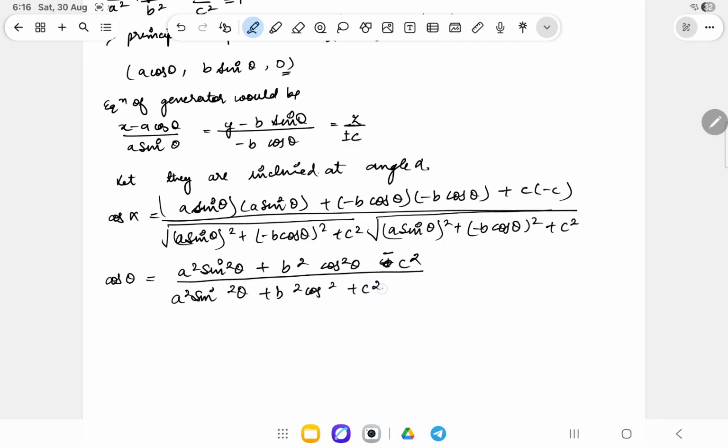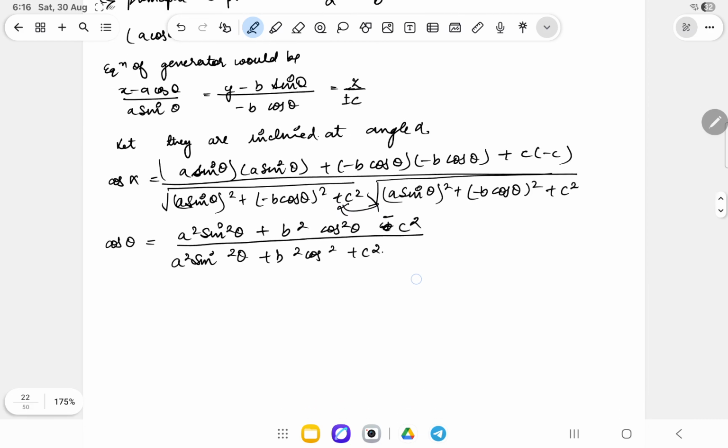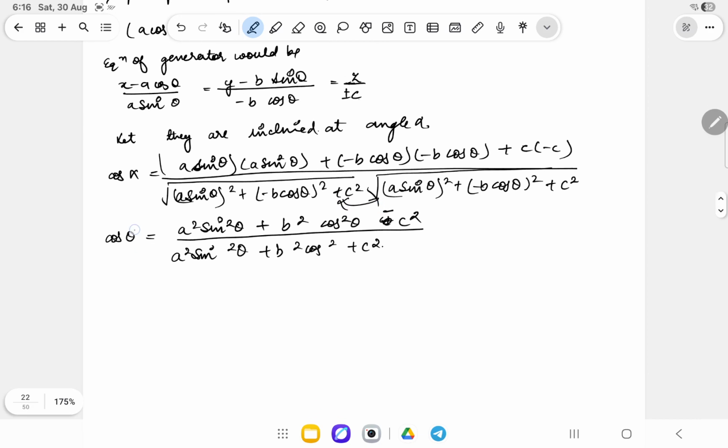These two terms are same, so the under root will vanish. So we got cos alpha as this.